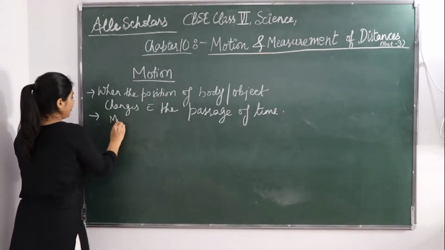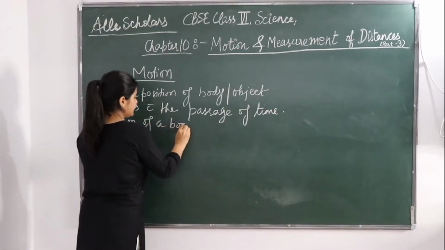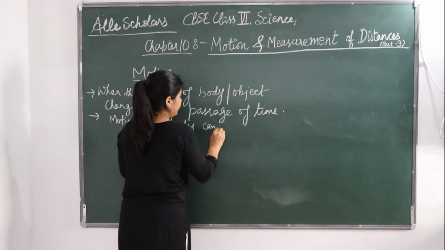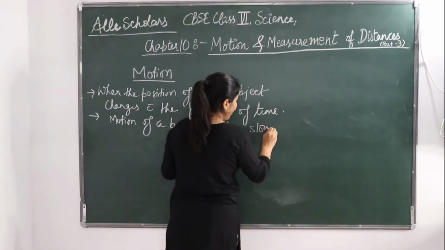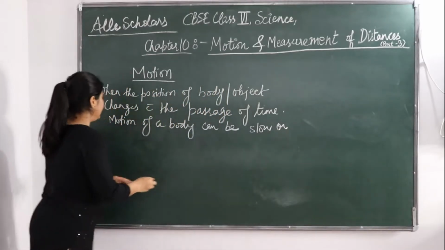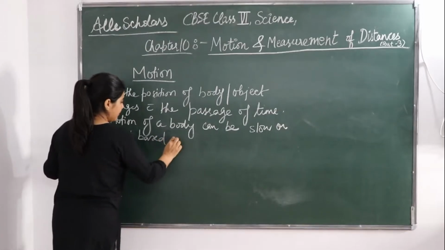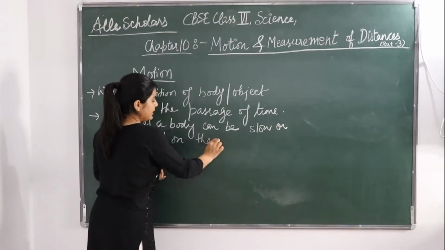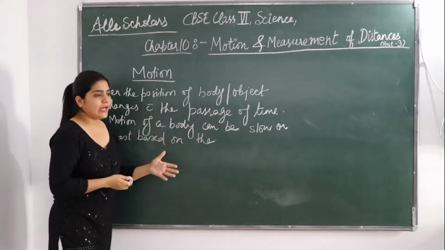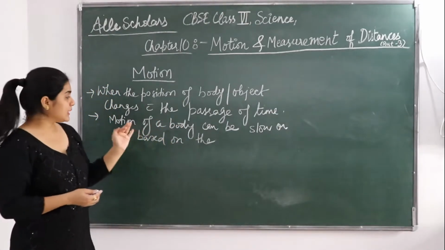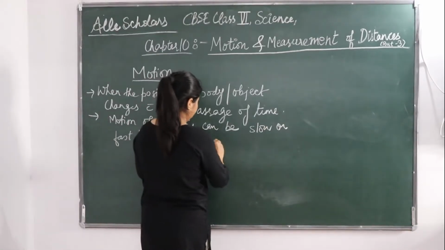So motion of a body can be slow or it can be fast based on the किस बेसिस पे हम बताएंगे कि कोई बॉडी स्लो है या फास्ट है. Based on the distance it has covered in a given time.